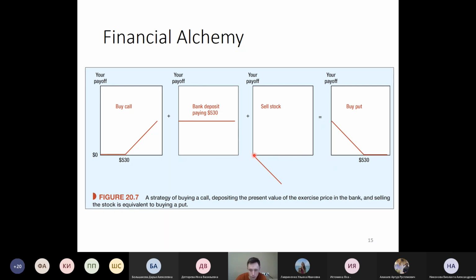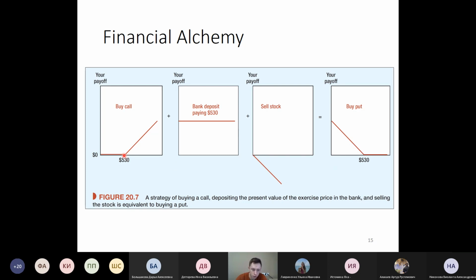So in this case, if you go short on the stock, and we add this part and this part before the exercise price, we will have this chart. We start from here like we do in this chart, and the higher the market price, the lower would be the result due to the change in this part of our portfolio.